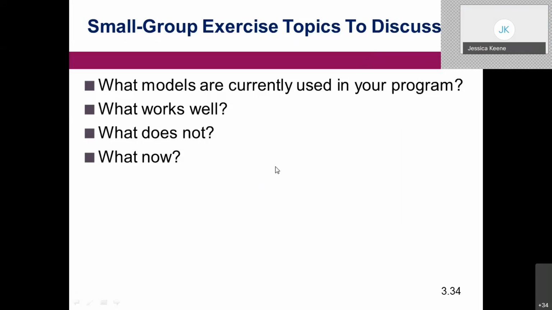Yeah, Igator, yes. Thank you very much, presenters, for the wonderful presentations we are getting. I just would like to comment that in my center, we use all 4 models except the assertive community treatment.